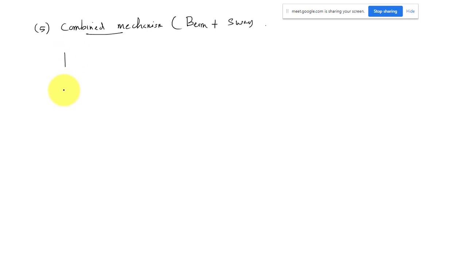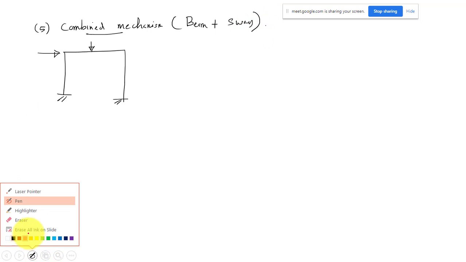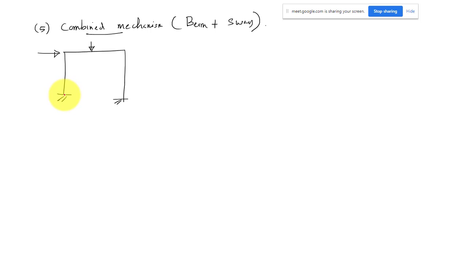Suppose you have a frame, and the load is acting at the joint, and maybe here also. There may be a sway like this, and then it may go like this. It is called combined mechanism. Again the static indeterminacy is 3, so the number of hinges should be 4. There may be one hinge here, one here, one here, and here.